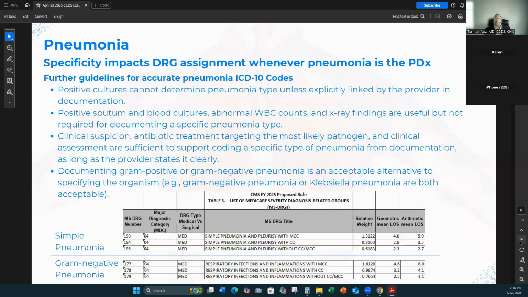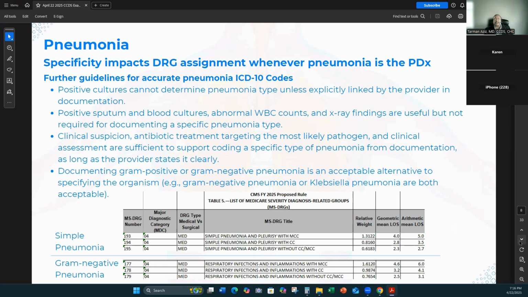You can see that that specificity again impacts DRG assignments whenever pneumonia is the PDX. We also know, anyone who's got experience in CDI knows, that typically they are MCCs when they are secondary diagnoses. Pneumonia, even unspecified pneumonia, is an MCC.